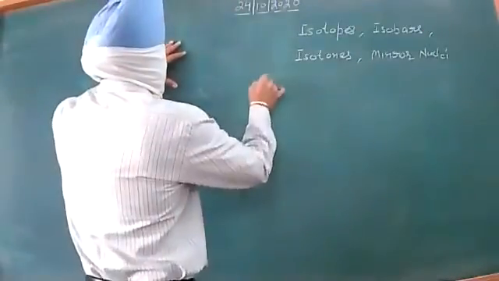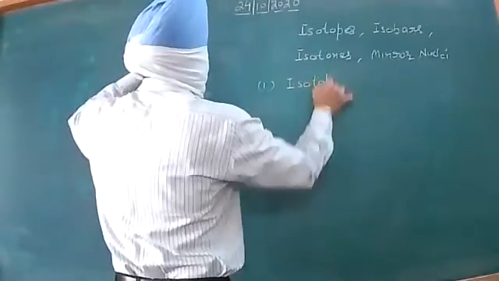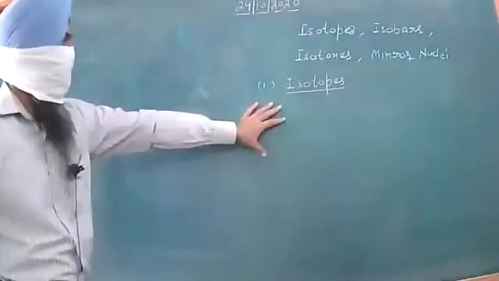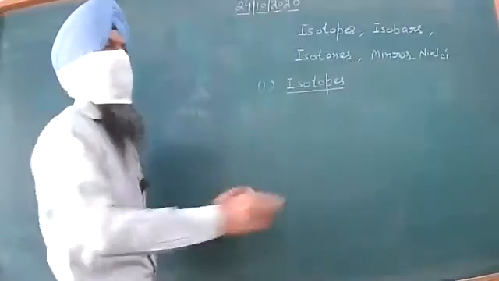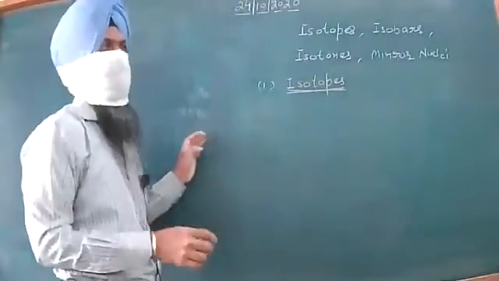First is isotopes. Isotopes are the atoms of the elements which have the same atomic number but different mass numbers.